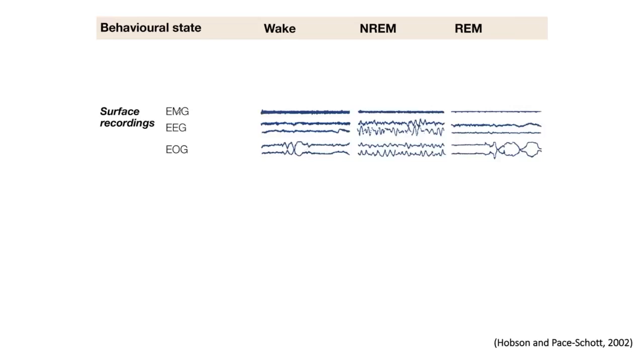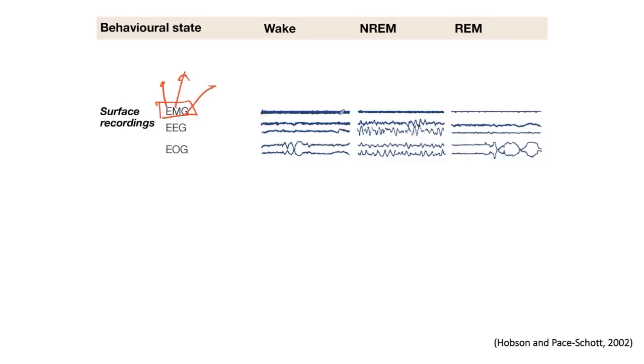Just to give you a better sense about the phases of sleep and learn more about this process, as I told you, we are recording things like EMG, which comes from electromyogram, recording muscles based on their electrical activities.